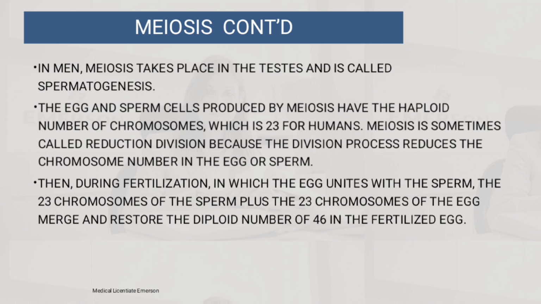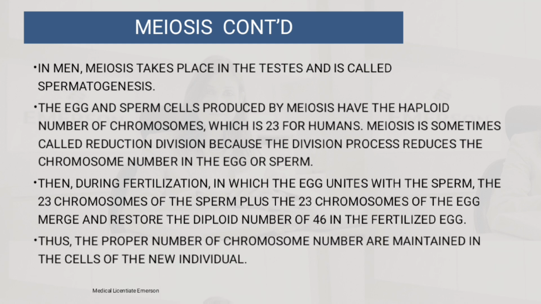During fertilization, in which the egg unites with the sperm, the 23 chromosomes of the sperm plus the 23 chromosomes of the egg merge and restore the diploid number of 46 in the fertilized egg. So together they make up the 46 chromosomes after the egg and the sperm come together.